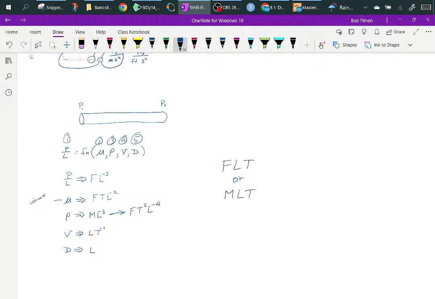All that sits in here is F, L, and T. If I had an experiment that had temperature, I would have another dimension, and it would be MLT theta or something like that. But I don't. I have three. So Buckingham Pi says 5 minus 3 gives me 2 pi terms here.